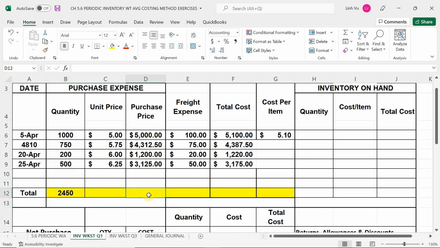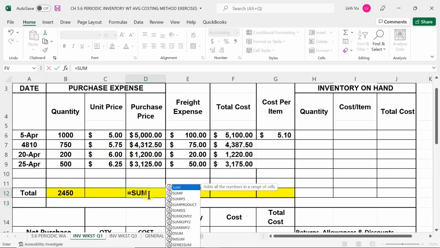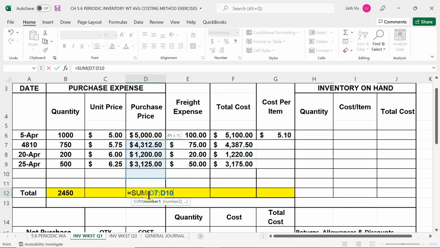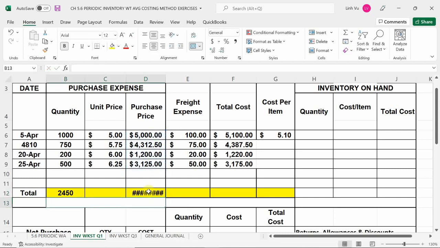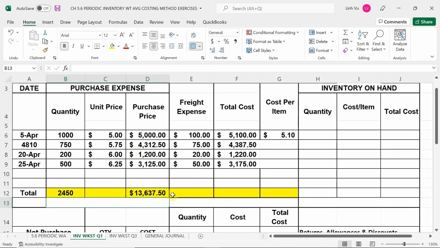What is my total purchase price? It is $13,637.50. Good. And my total freight? Was $245. Good.